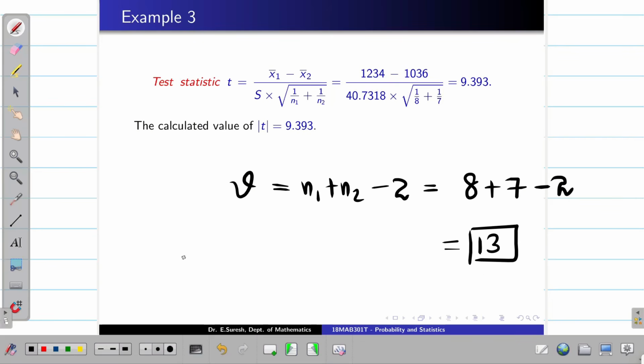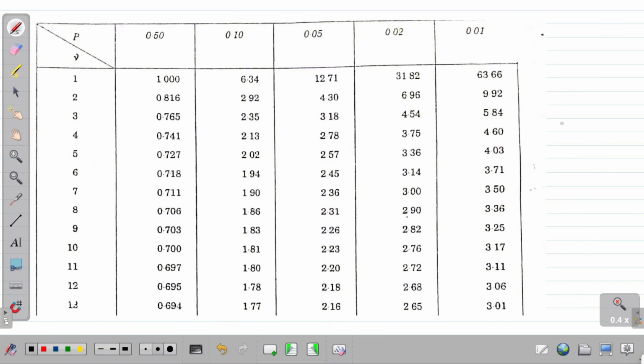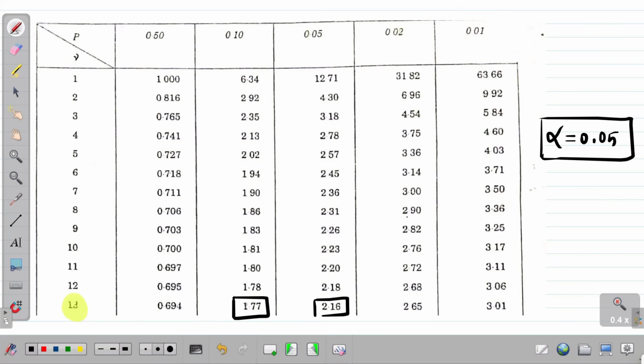But the problem is we have a one tail test, and our table is given for a two tail test. In this situation, how to find the t alpha value? Since the given table is for a two tail test, but we have a one tail test at 5%, that is alpha equal to 0.05, and the degree of freedom is 13, instead of seeing the value at 5%, we have to see the value for 10%.